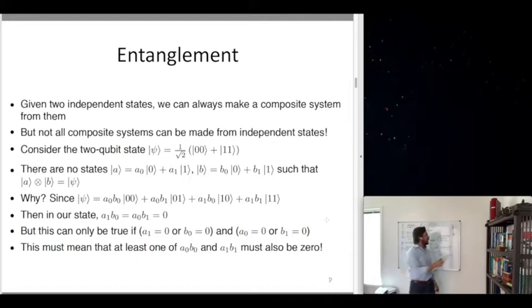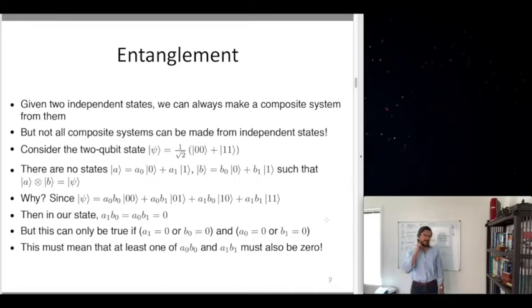It's not possible. We have this 4D vector here, but you cannot decompose it. And you see in these slides why: if it was possible, then either of these must be 0 as well, and that doesn't work.